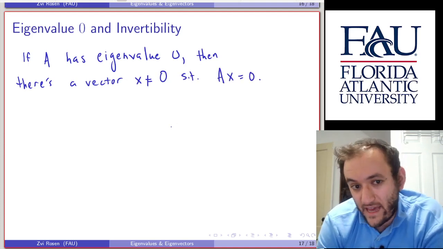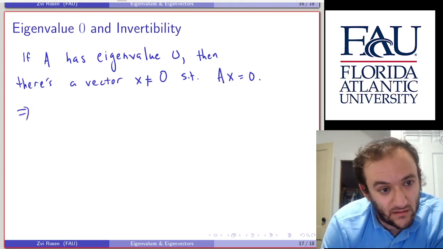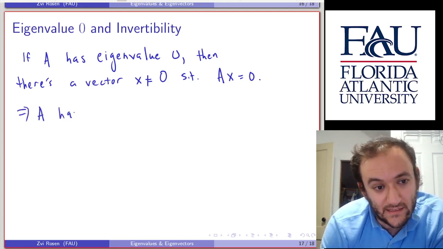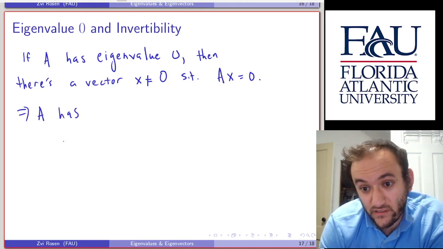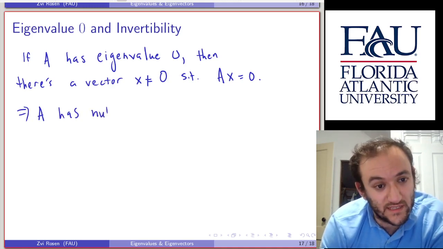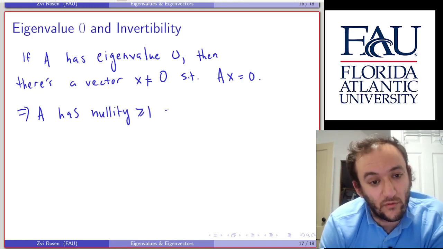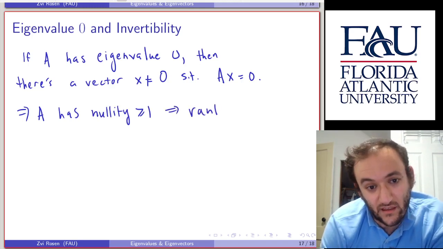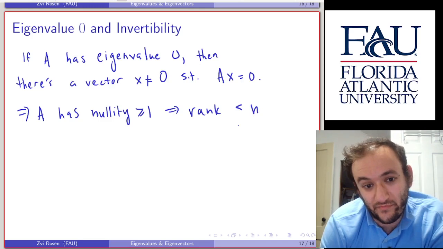But that means that A has a non-trivial null space, which means its nullity is at least 1, which means its rank is less than n.